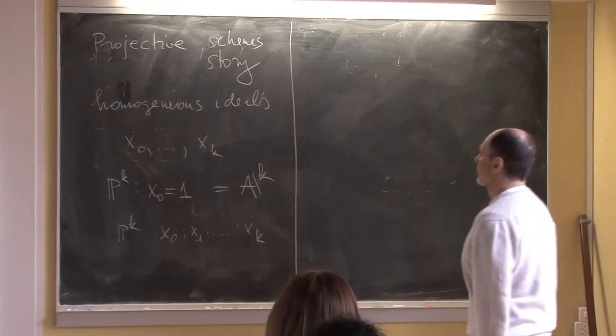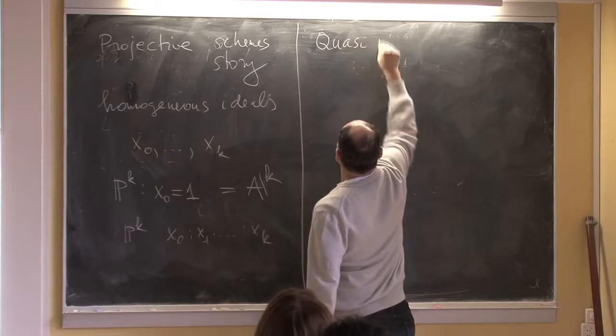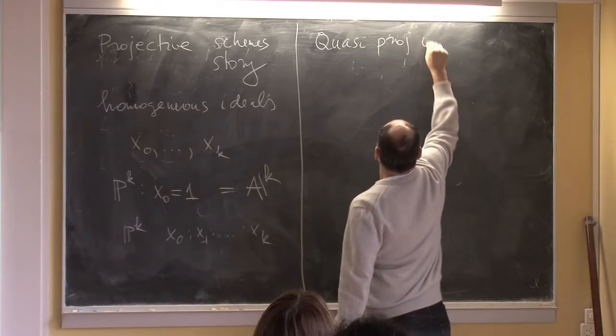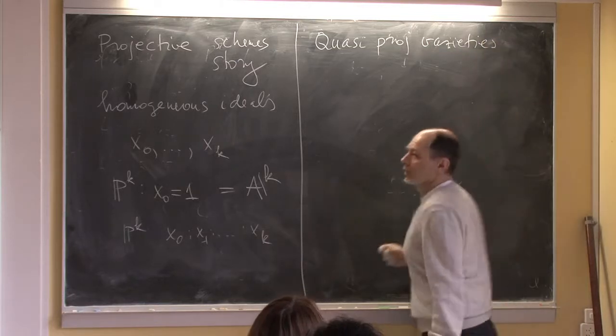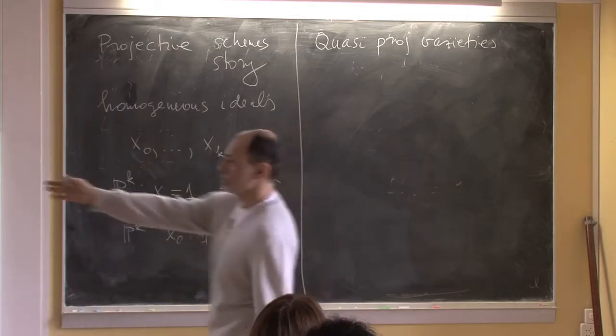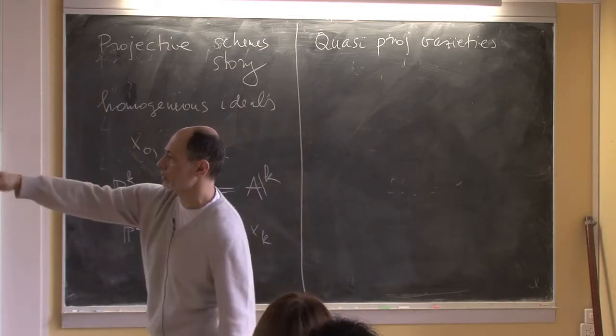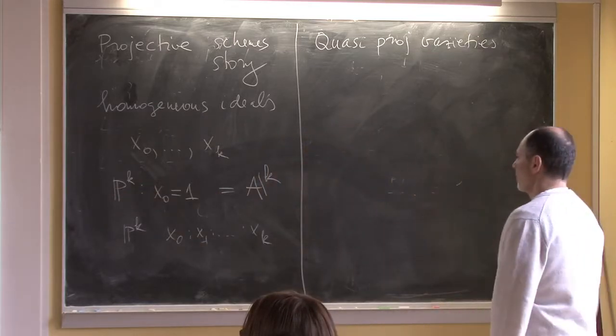But you can do the same thing in projective space, and then a slightly more general situation is something that's called quasi-projective. So then it's simply that you take a projective one like this, and everything is identical: ideals, reduced, all these things remain the same.